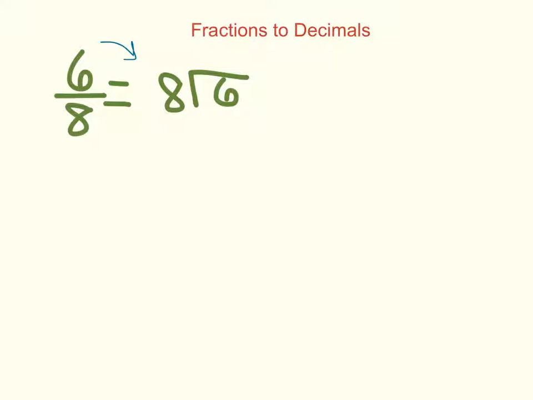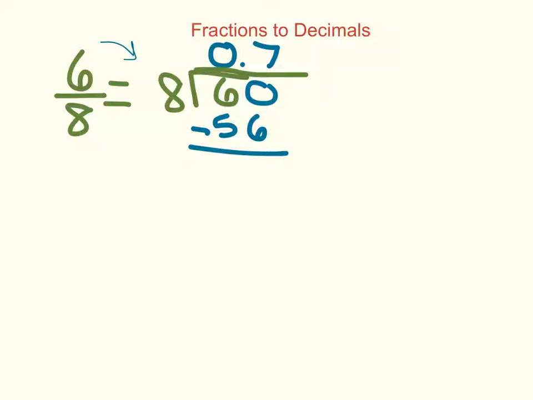From here we divide. 8 does not divide into 6, so we place a 0, place a decimal, and bring down another 0. We'll extend that line. Okay. 8 divides into 60 7 times. 7 times 8 is 56. We subtract and are left with 4.